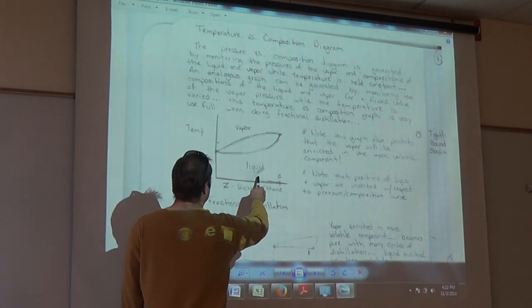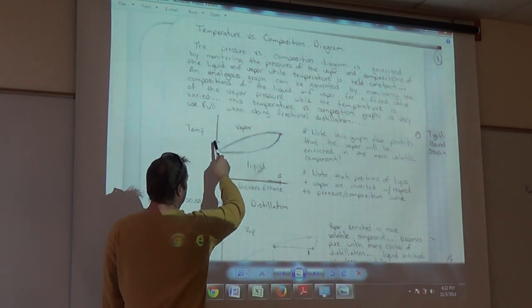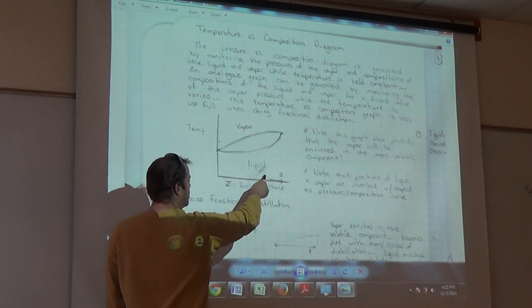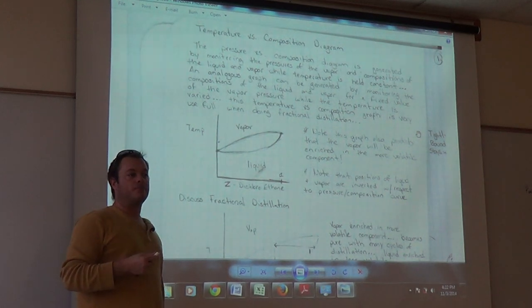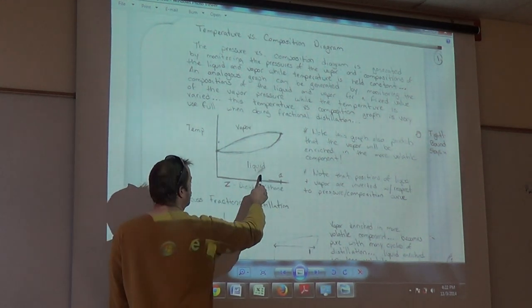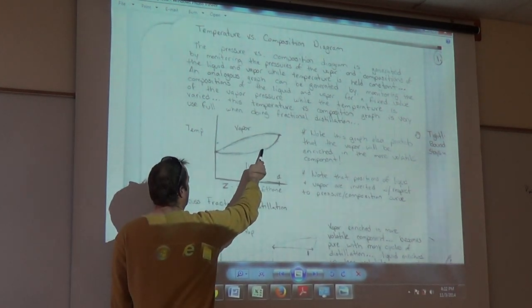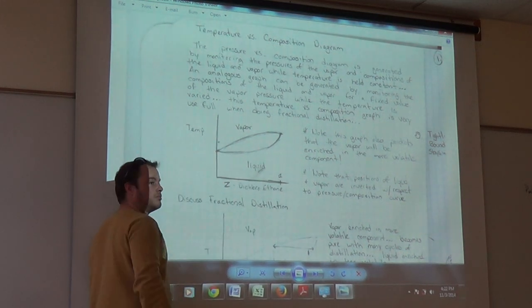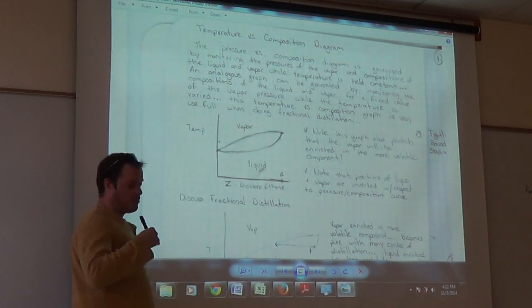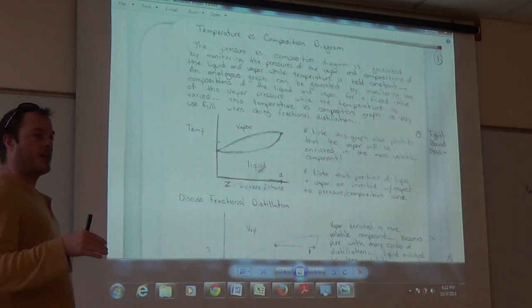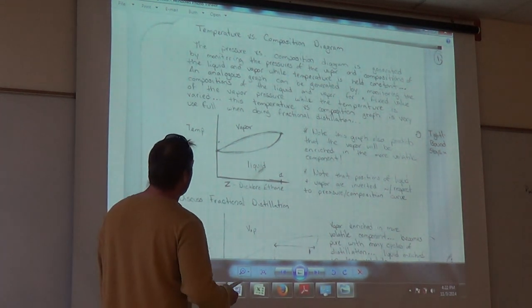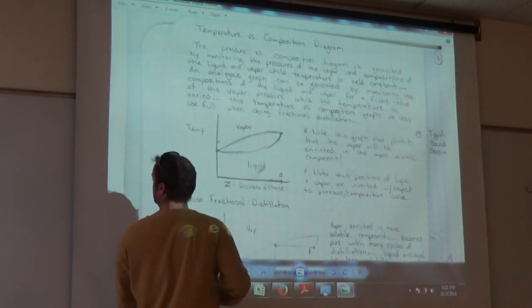When you're down here, where the temperature is lower than the boiling point temperature, you're entirely in the liquid phase, right? We start to bring the temperature up, we move up, up, up. At the point that we hit that curve, we cross the boundary between being pure liquid, and we reach equilibrium where liquid and vapor are present together in that system.